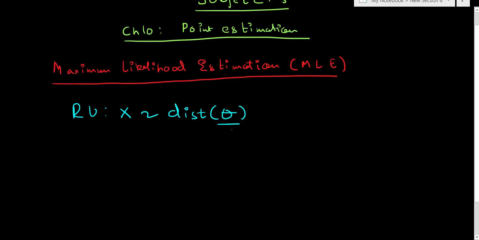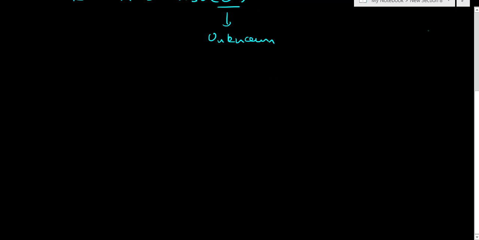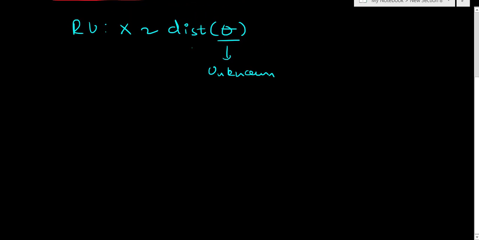And this parameter theta is unknown. We do not know its value. So all we have about x is a sample of values drawn from this random variable x.